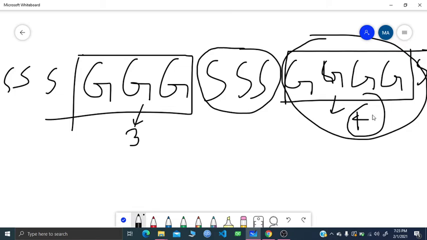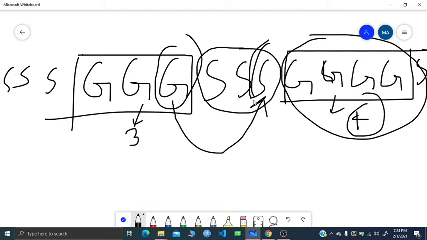Our optimal answer would be: we will take this G here and swap it with this S, this silver, which is exactly close to our larger golden group. If we swap these two characters, this becomes G and this becomes S.